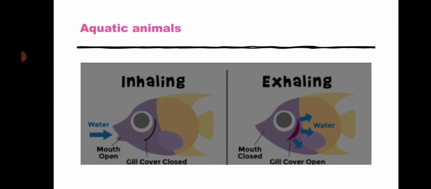While exhaling, the mouth will be closed and the gills cover will be open. Like us, they also take oxygen and give out carbon dioxide, but they use gills for this process. They use dissolved oxygen in the water for inhaling, and in the same way they exhale carbon dioxide into the remaining water. So this is the process of how the fish inhales and exhales.